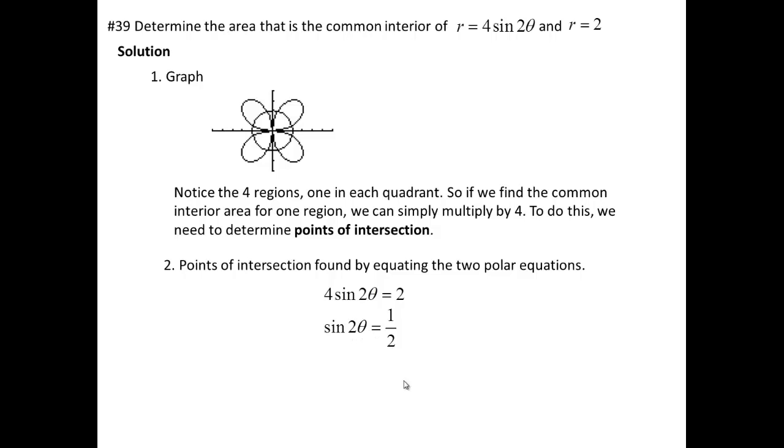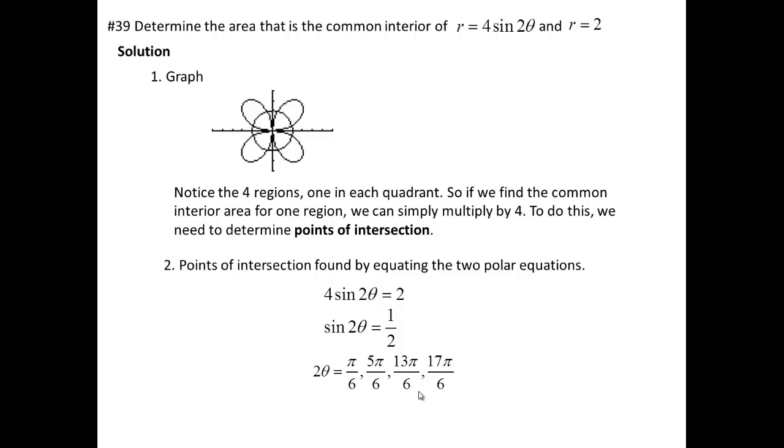Well, from the unit circle, I know the sine of pi over 6 and 5 pi over 6 will give me 1/2. So that means here 2 theta has to be pi over 6 or 5 pi over 6. That's one trip around the unit circle. My little trick, because of the 2, is to make a second trip around the unit circle, and that gives us the angles 13 pi over 6 and 17 pi over 6.